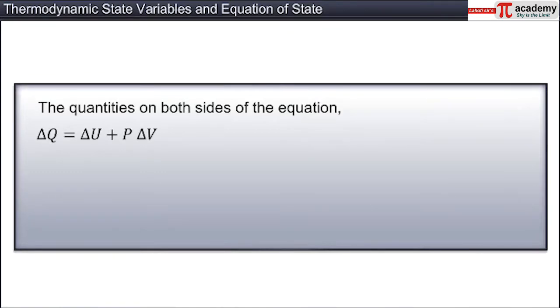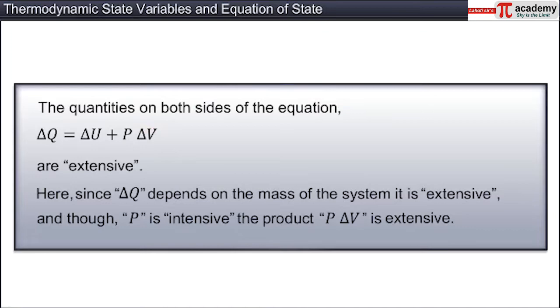Delta Q = delta U + P delta V, where delta Q is the heat exchanged, delta U is the change in internal energy, P is the pressure, and delta V is the change in volume of a gaseous system. Here, as delta Q depends on the mass of the system, it is extensive, and though P is intensive, the product P delta V is extensive.